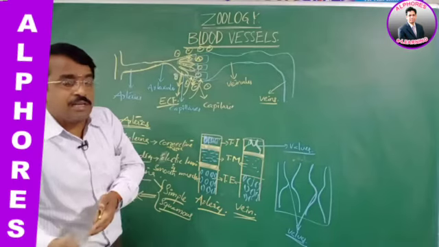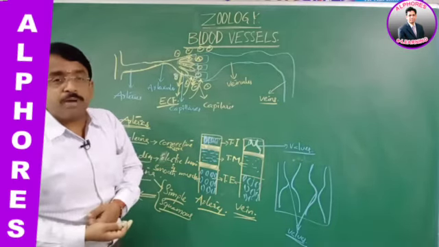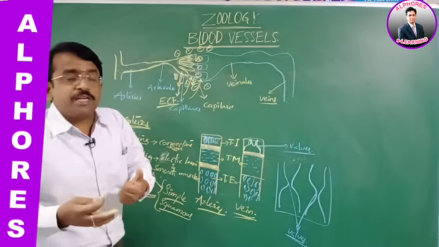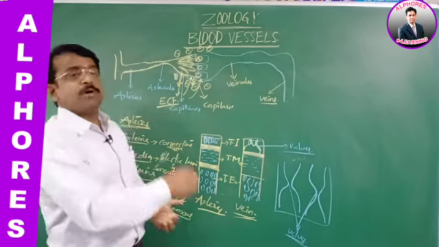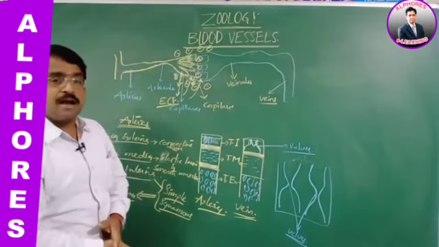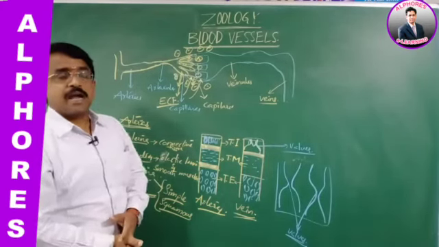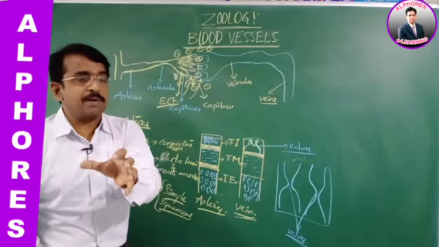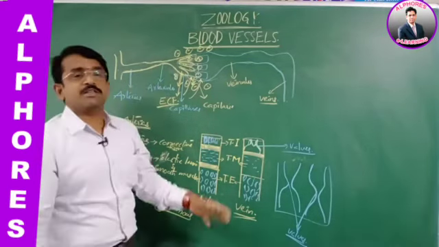As it is very thin, with only simple squamous, the possibility of diffusion and exchange of material is more. This is what we see. Unlike the arteries, exchange of material and gases takes place at the capillaries, not in the arteries and veins.